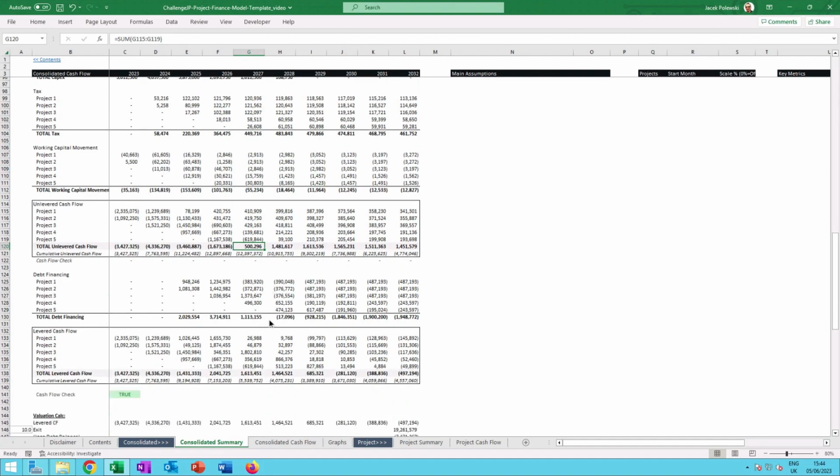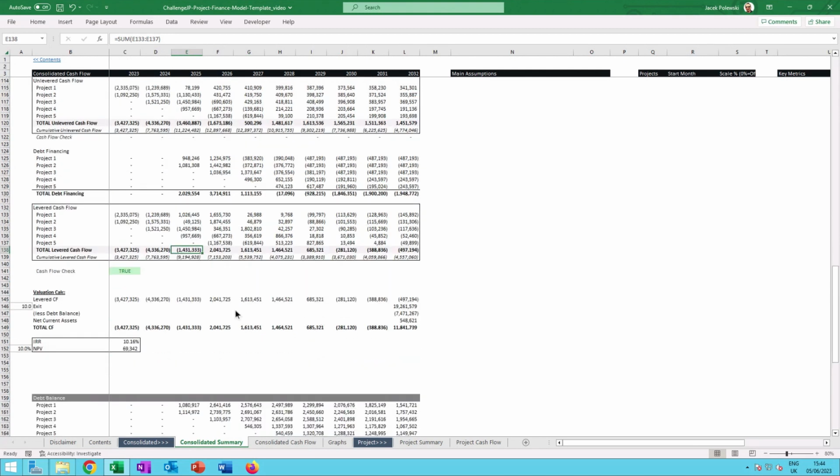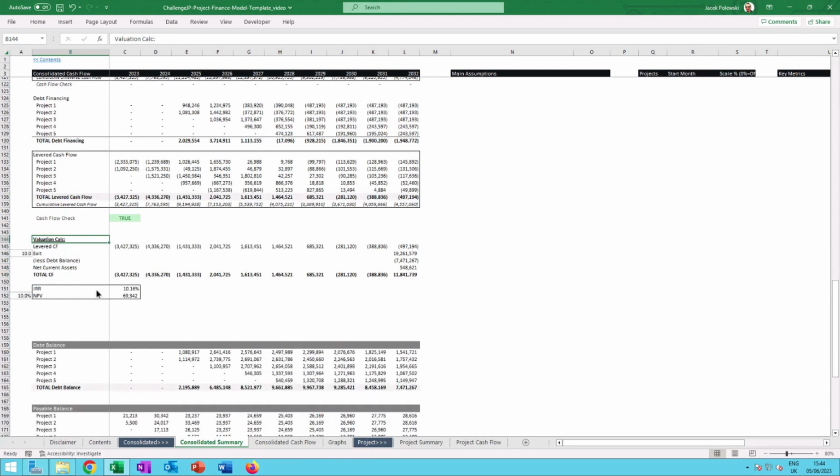Same thing with the debt financing, and that overall will give me my cash requirement for the whole project, so for the consolidated project, and that allows me to do a simple valuation, a return calculation in here, using the EBITDA again as my basis for calculations. I'm assuming that there was an EBITDA multiplier in order to calculate the exit proceeds that you will get after 10 years.